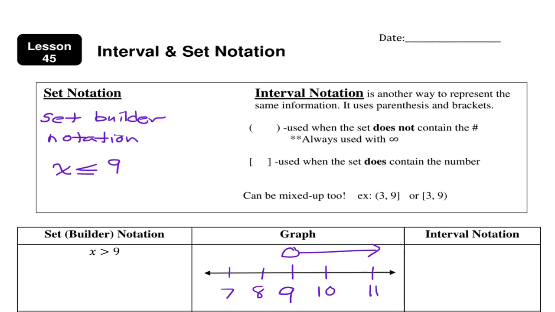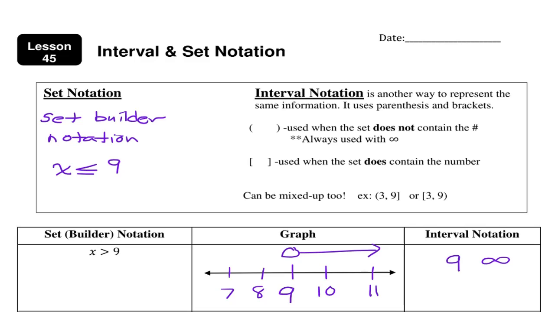So now interval notation basically sets up a boundary, and it explains where this graph starts and where it stops. So this graph starts at 9. Now this graph, because it continues on and on forever in this direction, it does not stop. So we're going to say that it goes until infinity, which is like a sideways 8.